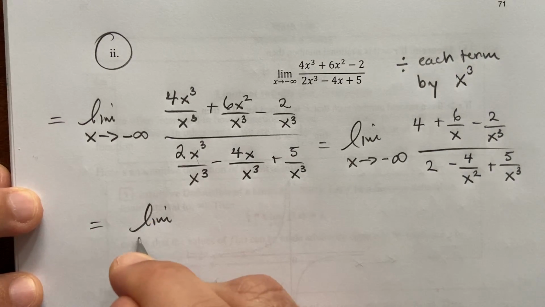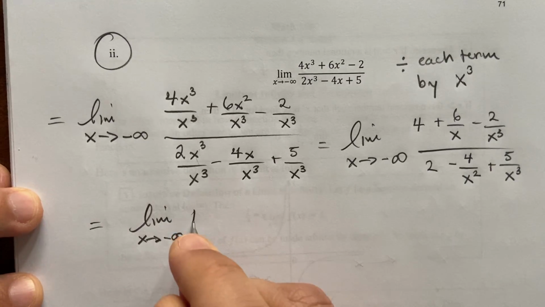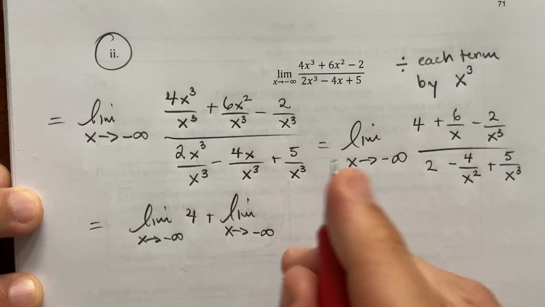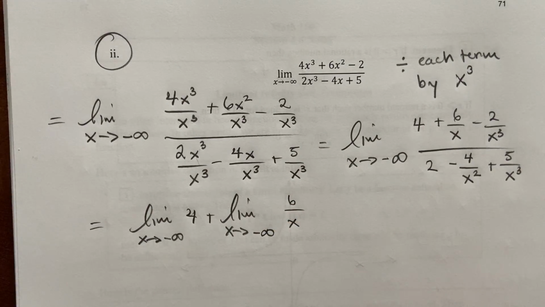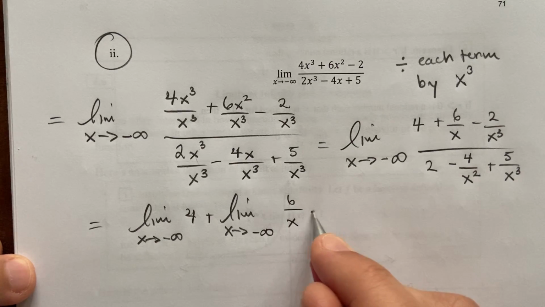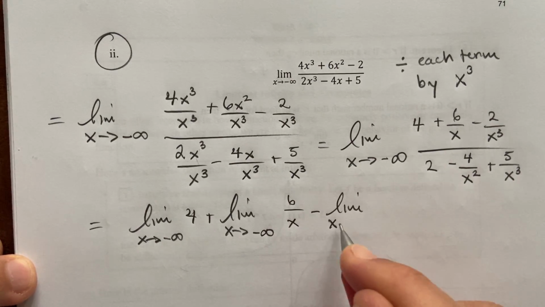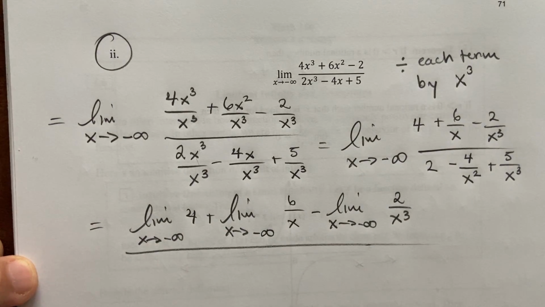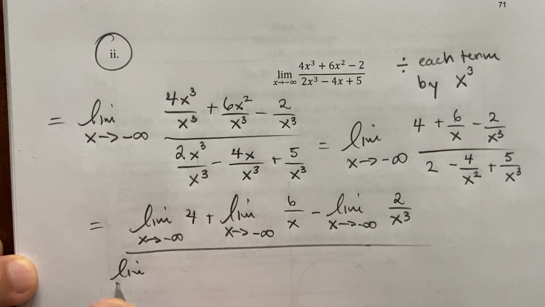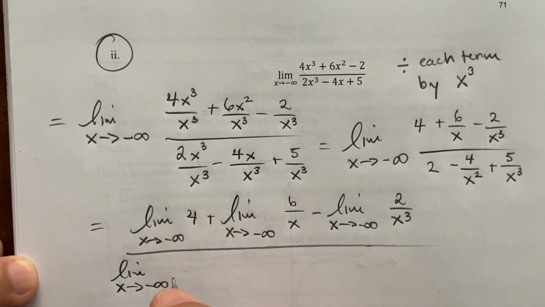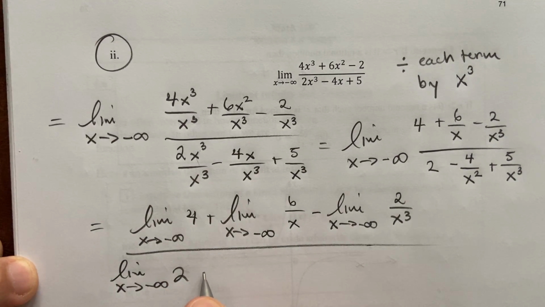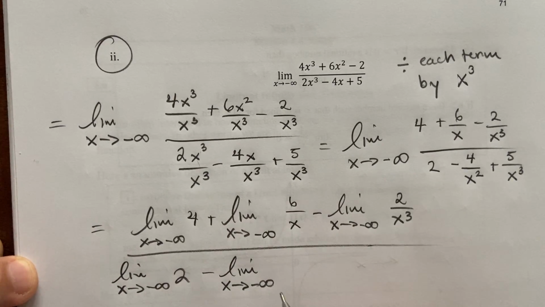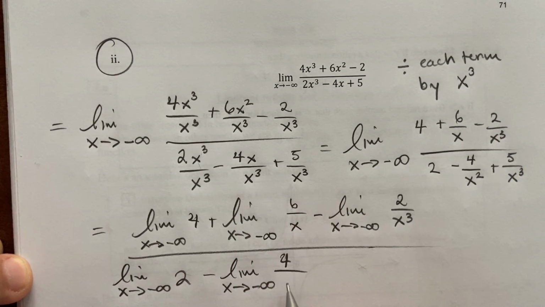So I'll say limit as x approaches negative infinity of 4 plus limit as x approaches negative infinity of 6 over x minus limit as x approaches negative infinity of 2 over x cubed, all over limit as x approaches negative infinity of 2 minus limit as x approaches negative infinity of 4 over x squared.